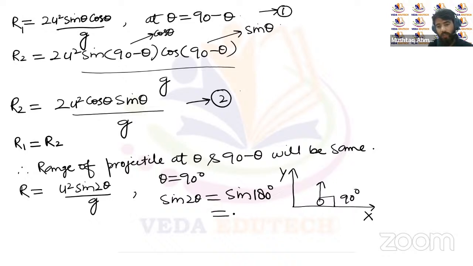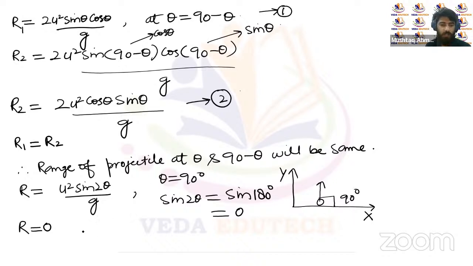And sine of 180 degree is equal to 0. If this is 0, it means that the range of this projectile is equal to 0. It means that whenever a body is projected vertically upwards, at an angle of 90 degree with the horizontal, the horizontal displacement of the projectile when it falls back on the same horizontal line is going to be 0, right?